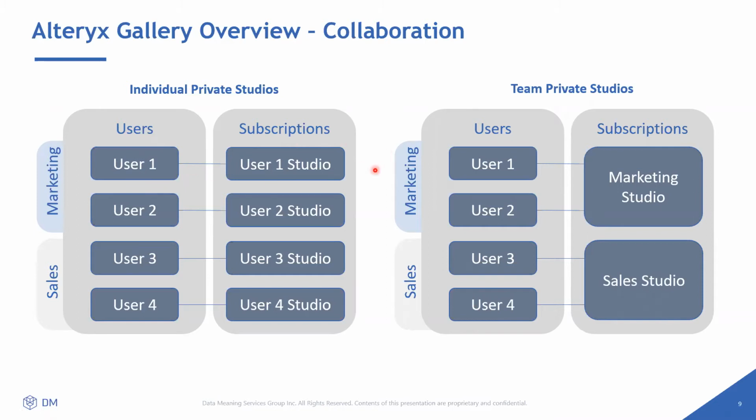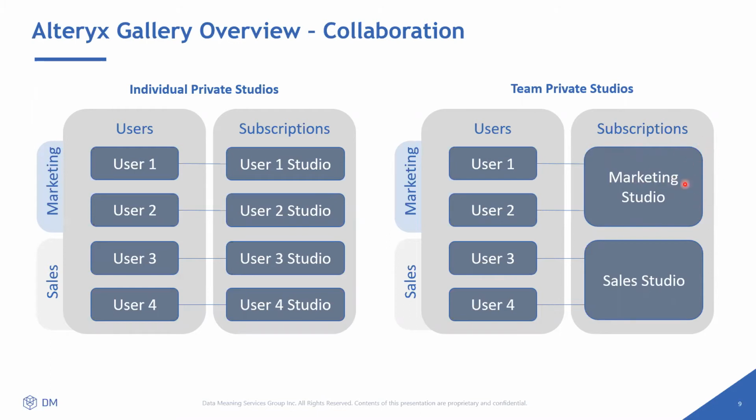But in some cases, you might want everyone to collaborate through the same private studio because they're all working on the same workflows continuously. So in that case, you would have your users going into what is called a team private studio. And you can give some blanket permissions to it, which allows them to share multiple types of workflows and to cross-develop.